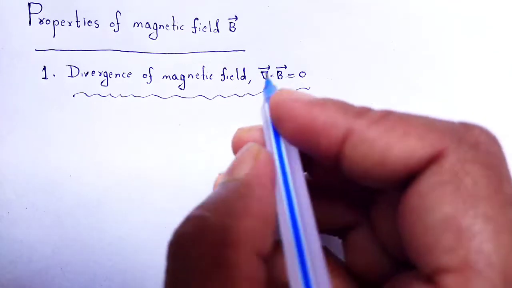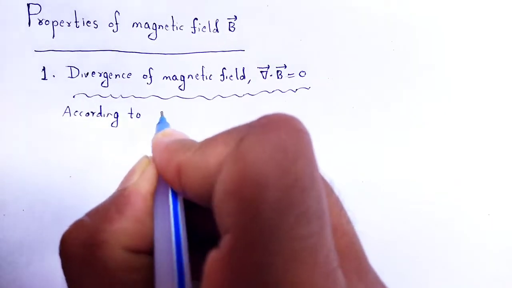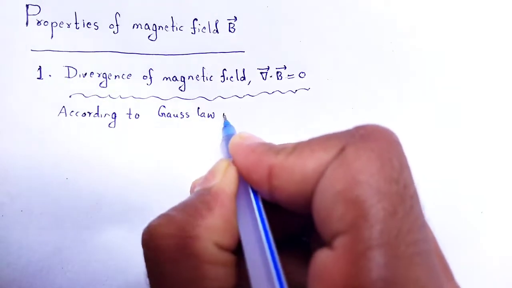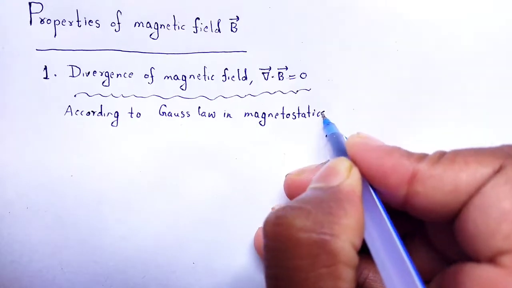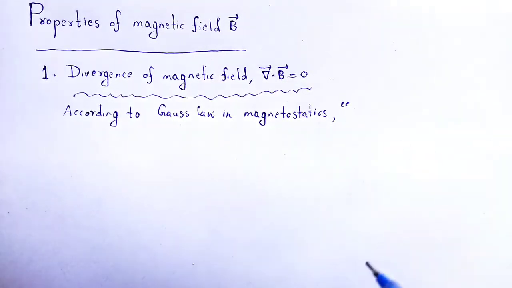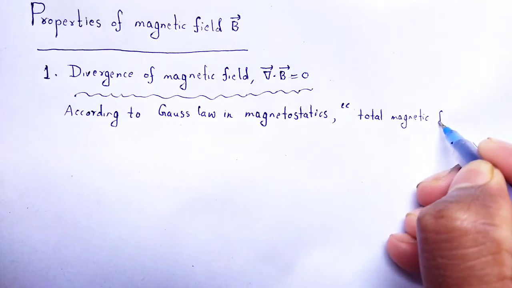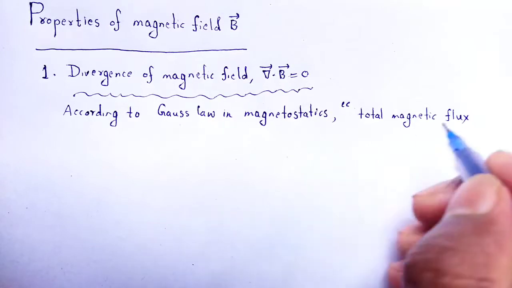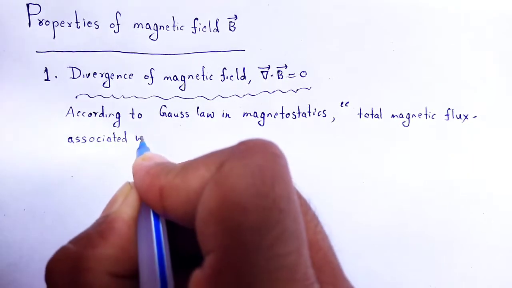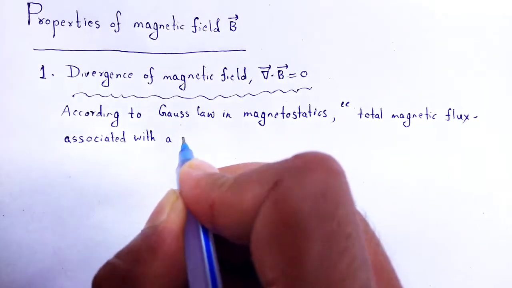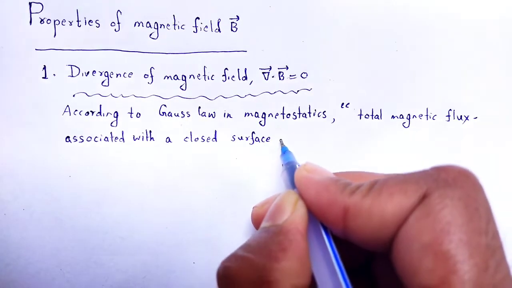We have to prove. According to Gauss law in magnetostatic, the total magnetic flux associated with a closed surface is always 0.